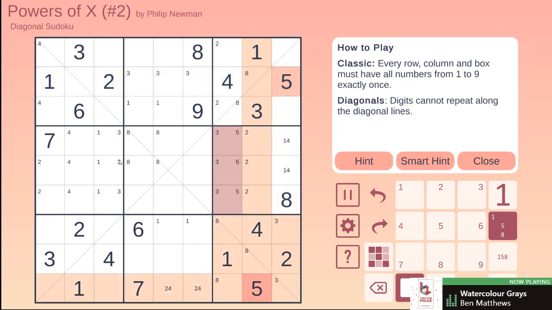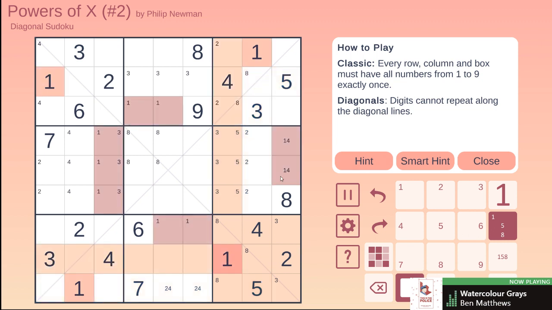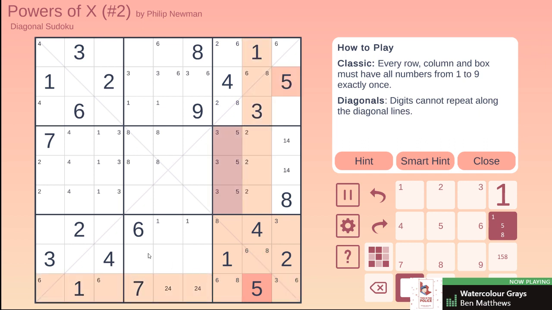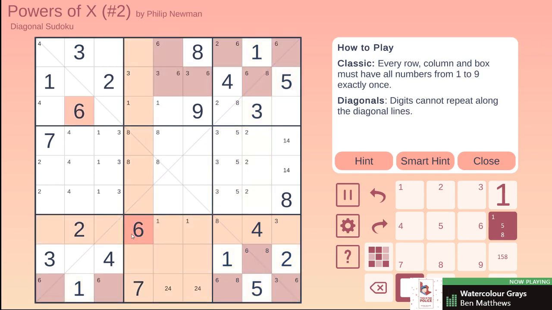Or these. That's fine. What about 6? 6 is restricted in this box to here or here. And here in this box. This box, it could be anywhere of these. This box of these. So not that helpful.